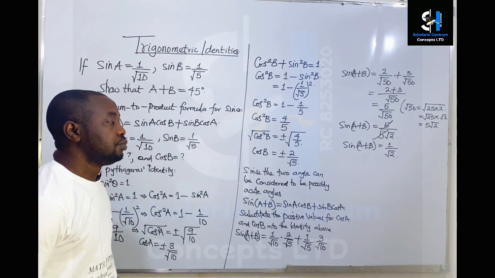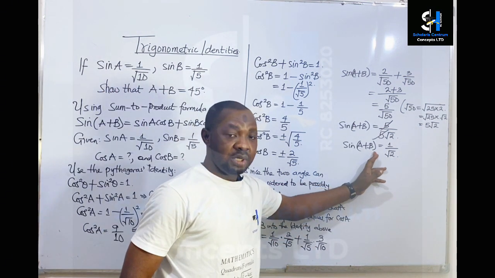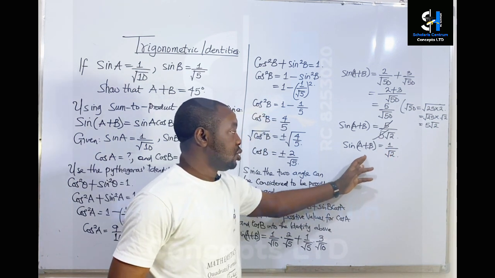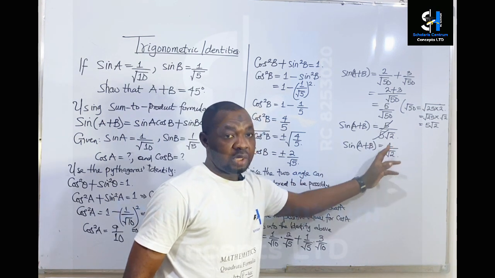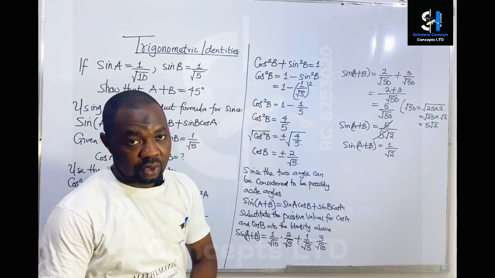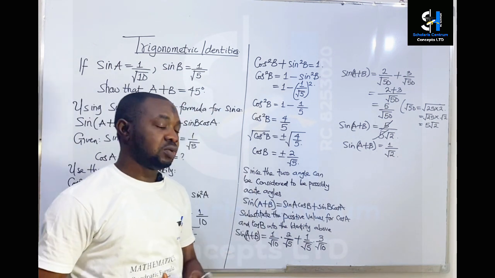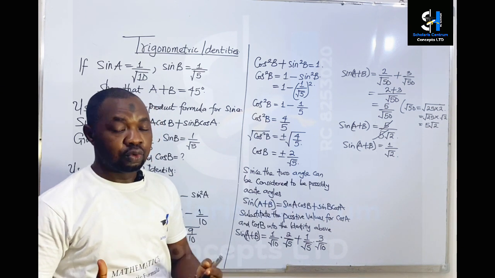Yeah, so we're almost there. Now we have sine A plus B equals 1 over root 2. So all we need to do here is to take the inverse sine of 1 over root 2, and that will give us the value we're looking for. Now, let's recall, from similar triangles, sine 45 degrees is root 2 over 2.